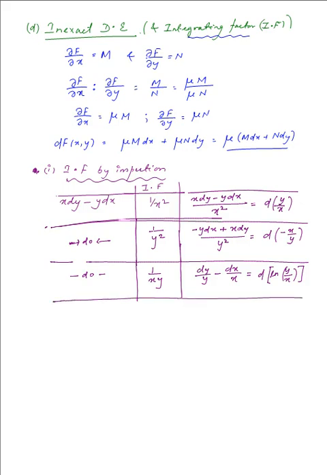Then we take another, supposedly we divide this entire equation by x squared plus y squared. Then we are going to get x dy minus y dx divided by x squared plus y squared, which is equal to the derivative of the tangent inverse of y by x.